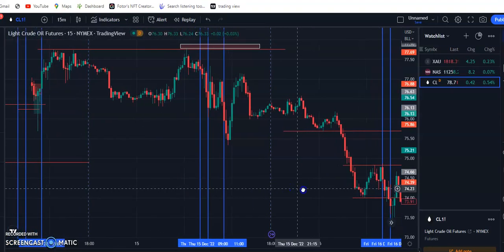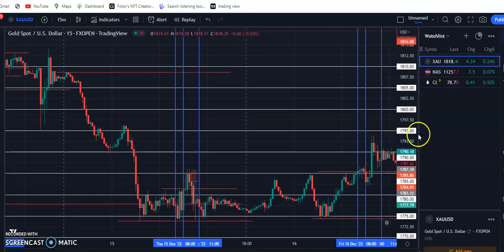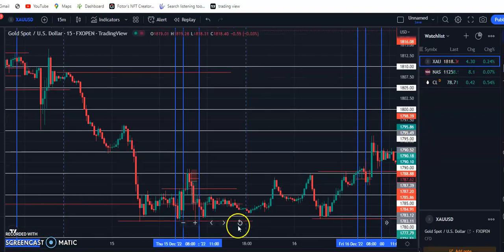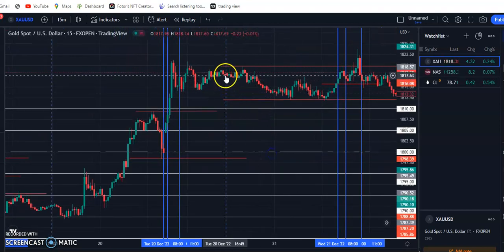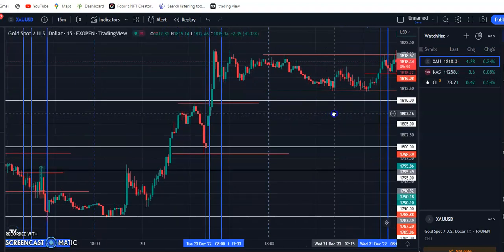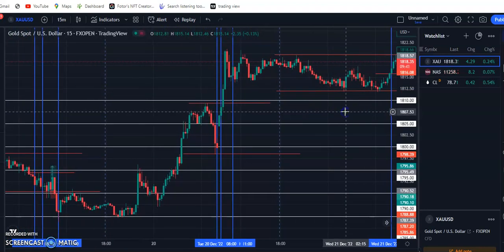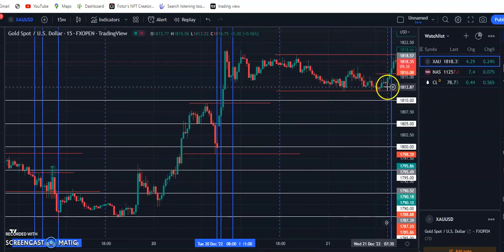Now, we looked at oil, so we looked at gold. Gold gave us a high and a low of the day. Before the market opened, we had one push, then the market broke structure, and push number 2.